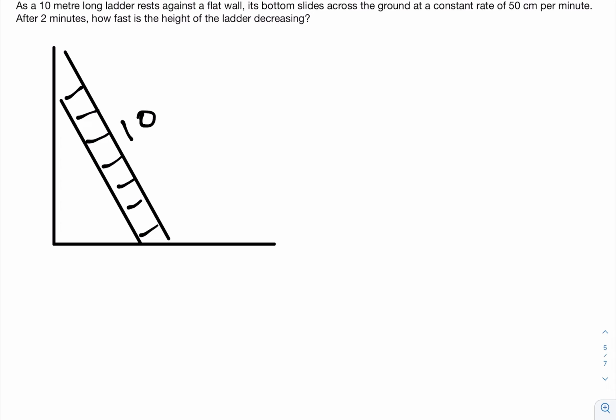And the bottom slides across the ground at 50 centimeters per minute. So if this is the bottom of the ladder here, it slides across the ground at 50 centimeters per minute. So maybe I will write meters actually. So this is 50 centimeters per minute, and this is what I was talking about before. See how this is in meters and this is in centimeters? We have to get them both in the same units.